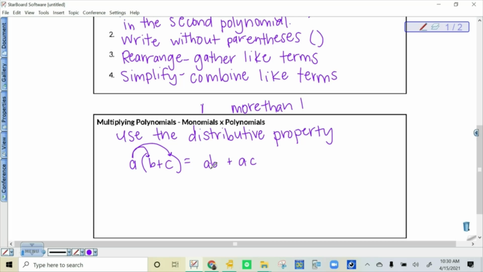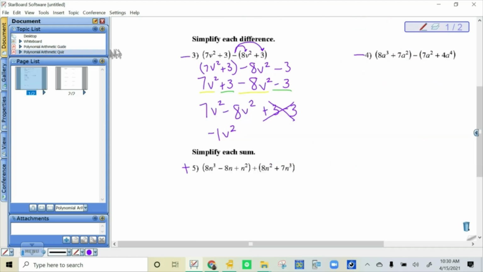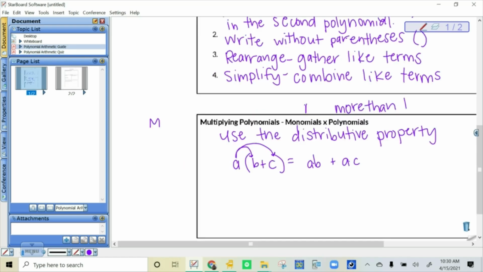Okay, so pick out which numbers on the quiz you're multiplying a monomial times a polynomial. There's two of them. Monomial times polynomial. Let's do M times P. Mark them like that.